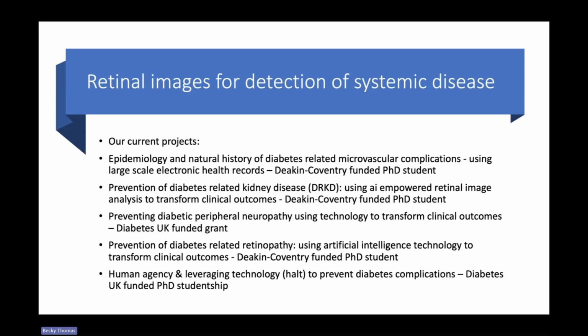And then we've got a Diabetes UK funded grant to look at preventing peripheral neuropathy. And then another Diabetes UK funded PhD student is going to start with us sometime this year, I think, to look at how we develop communication strategies to inform our patients of their risk of all of these different complications without increasing anxiety, stress, or increasing the stigma that is associated with diabetes as well.